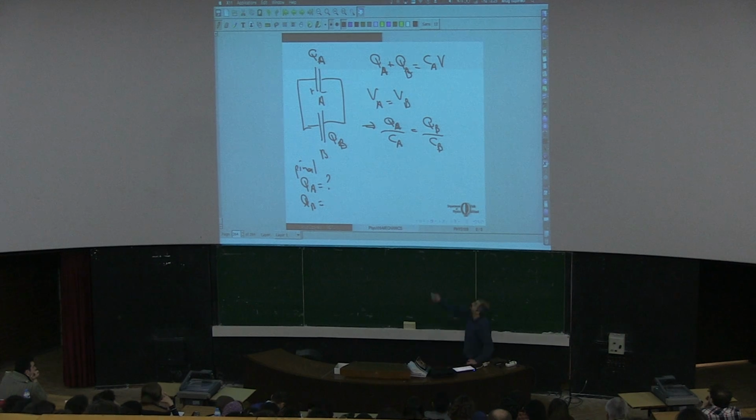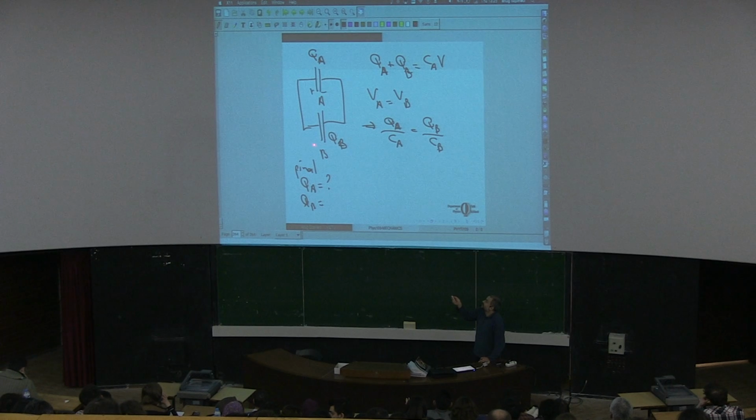So we have two equations for Qa, Qb, and two unknowns. So you can just solve it. The rest is algebra. So effectively, the charges will flow in this case until the potentials across the capacitors are equal.